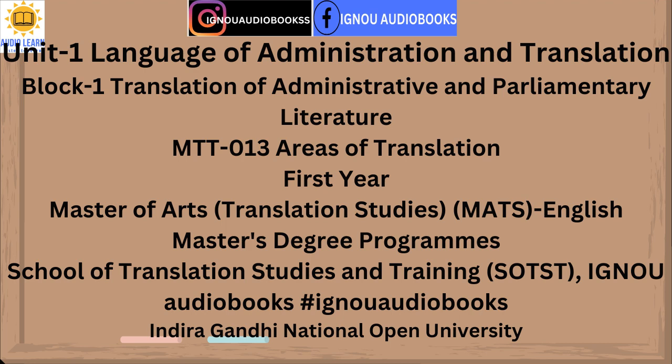You have read in section 1.5 of this unit that the Official Languages Act of 1963 was amended in 1967. According to this Official Language Act, the situation of bilingualism has become in the working of offices.